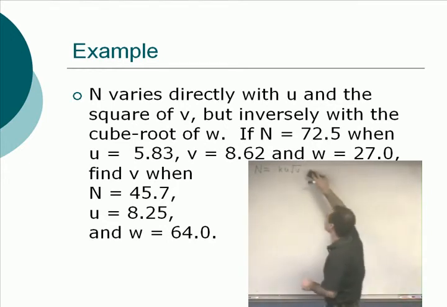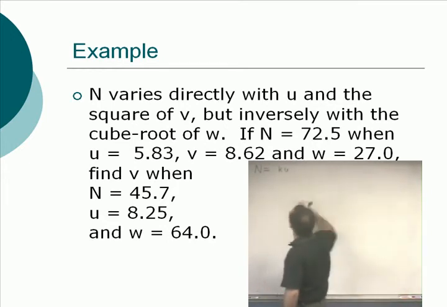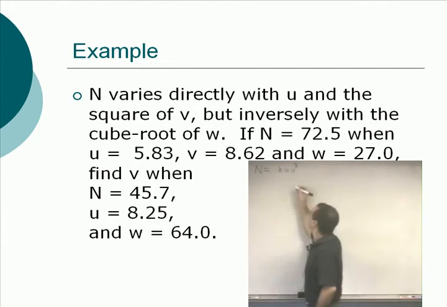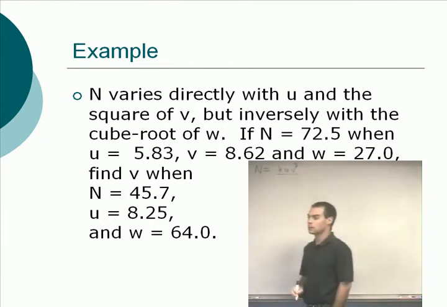Oh, I'm sorry, yes, the square of V. So N varies directly with U and the square of V, but inversely with the cube root of W.